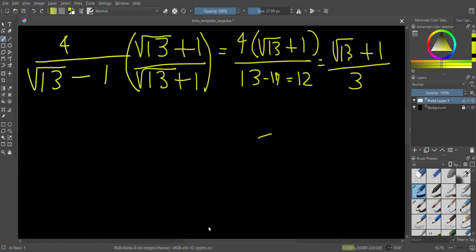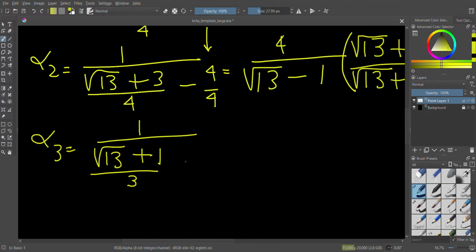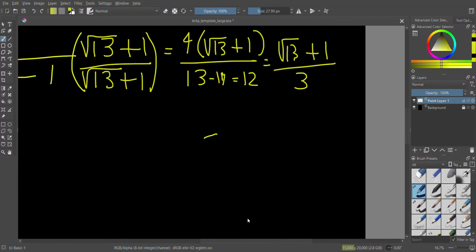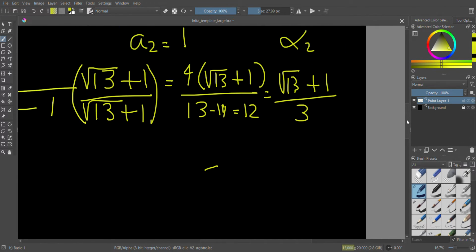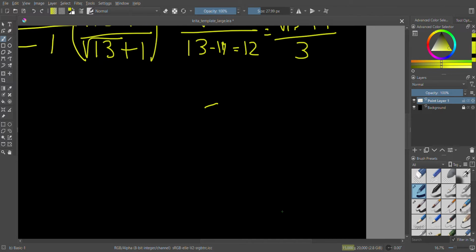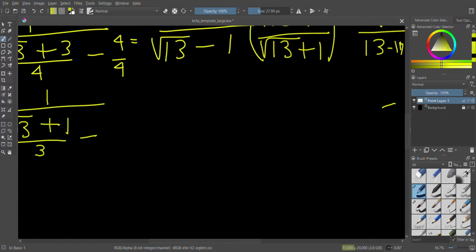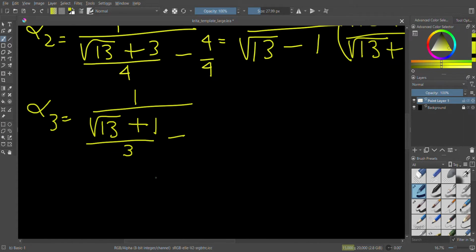Yeah. Minus, and then what was A2? A2 was 1, which is really 3 over 3. This is 3 over square root of 13 minus 2.